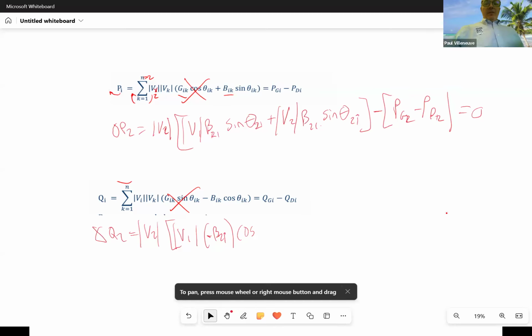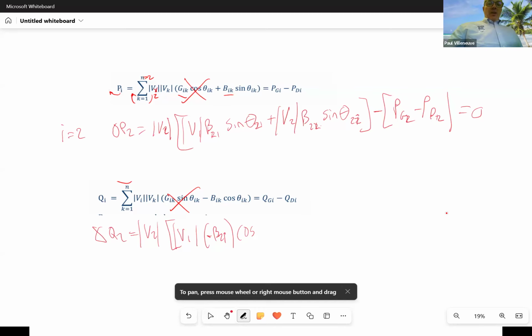Sorry about that. Sine of theta 2, 1. Oh, wait a minute. Hold on. This is V1 times BIK. So it's B21 sine theta 2, 1, and then B22 sine theta 2, 2, because I incremented K. So I is always equal to 2, and K goes from 1 to 2. So it should be 2, 2 for the last two.